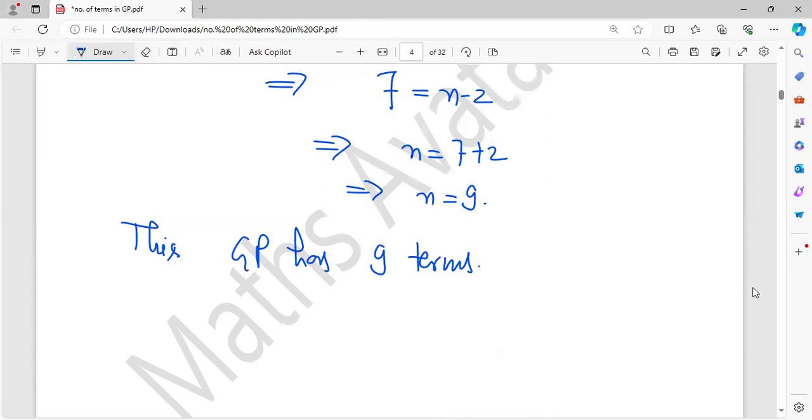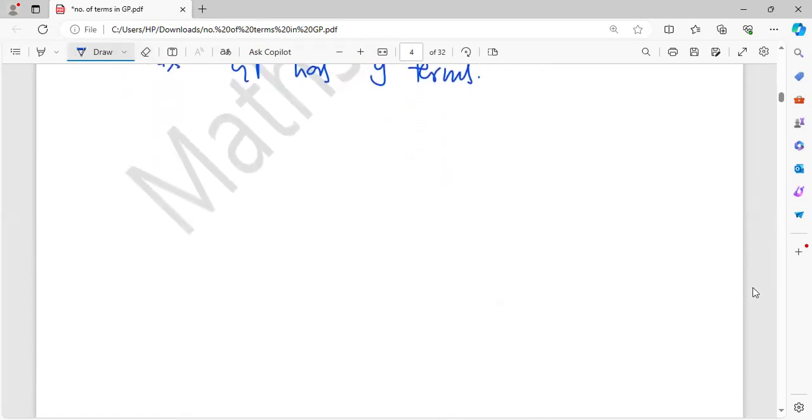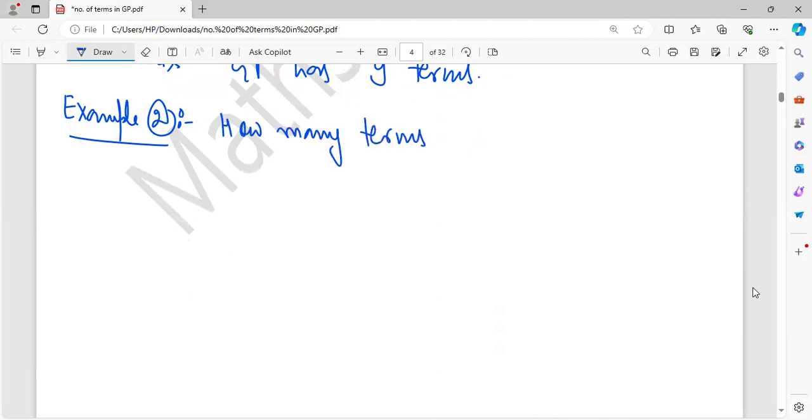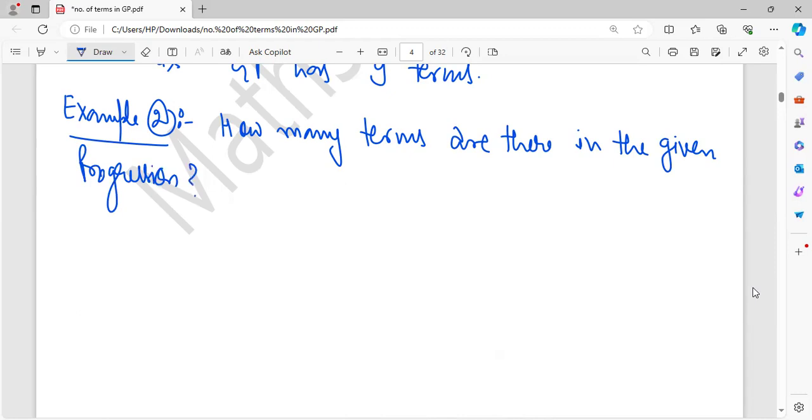Now move to the second question. How many terms are there in the given progression? 2, 5, 10, 20, 40.